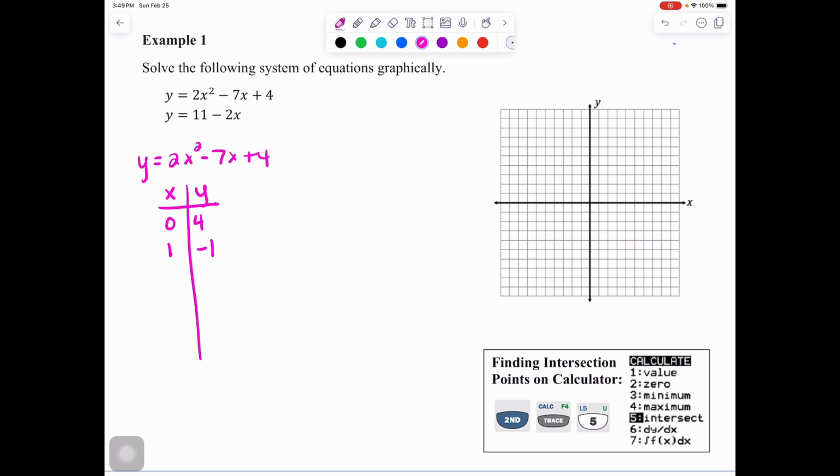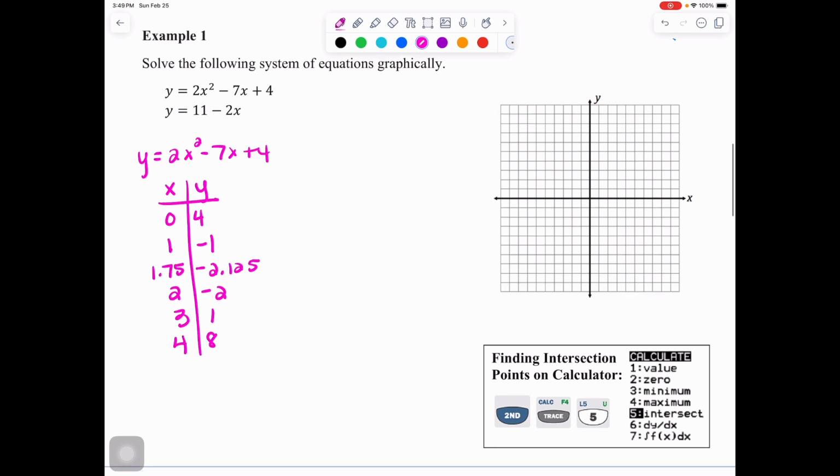So we're going to put the 1.75 in here, -2.125. Then keep heading up on the x side to (2, -2), (3, 1), and (4, 8). So all of those points were in the table of values. The only one I really had to take a closer look at was that turning point.